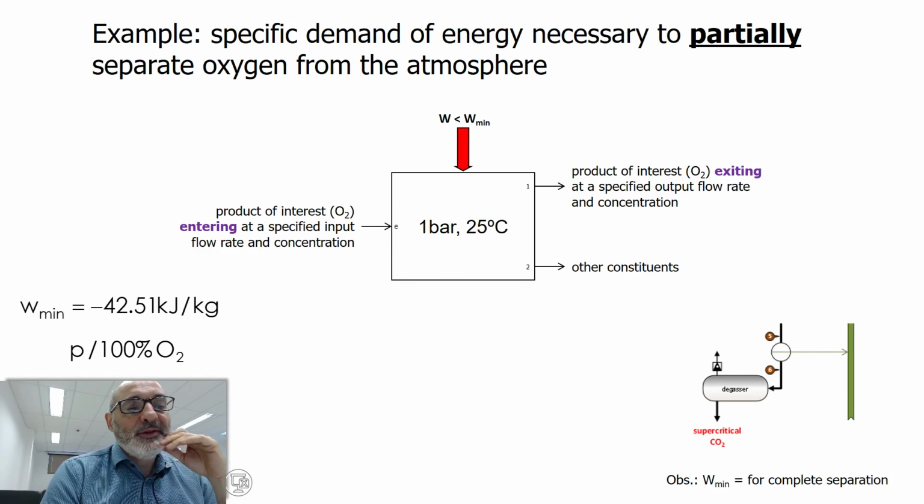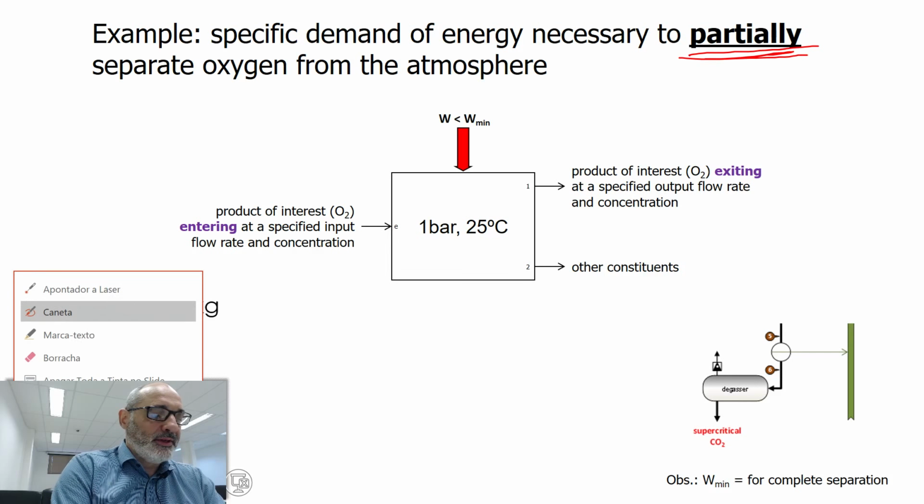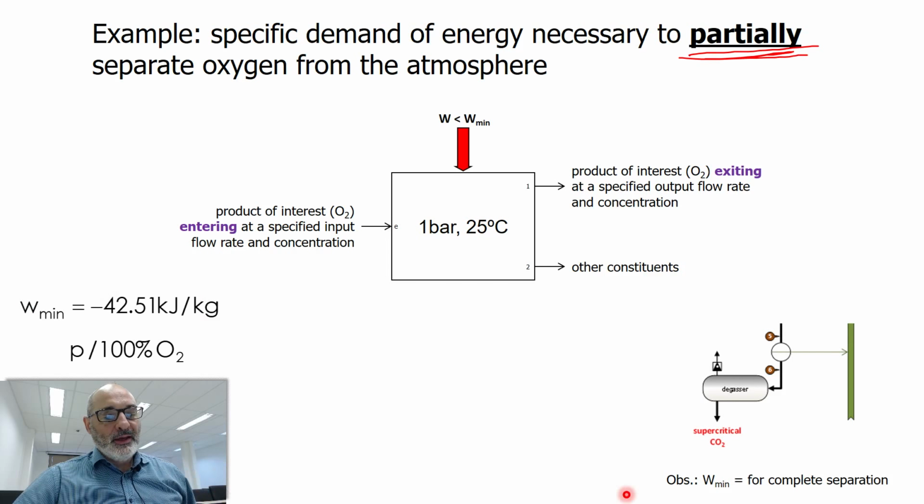So the point is, how can we calculate the specific energy associated with a partial separation of oxygen from the atmosphere? Let's see. As I was saying, in our CCS sugarcane plant, we have a place where to reject N2 because it's non-condensable in these conditions.